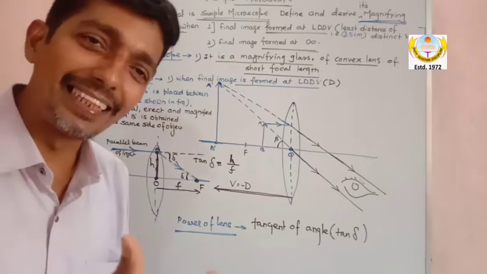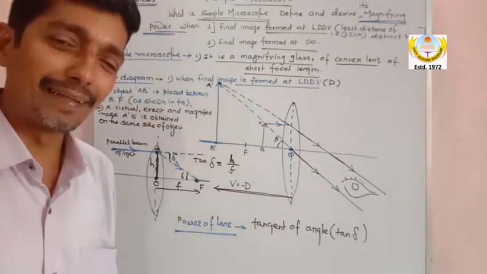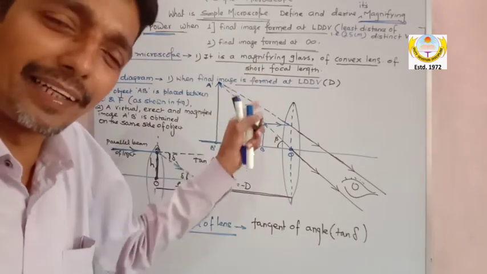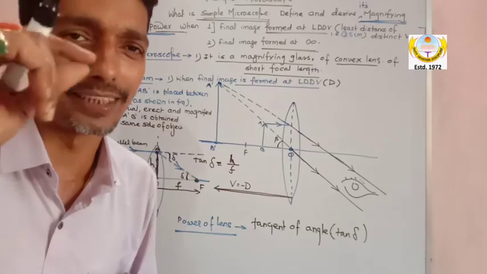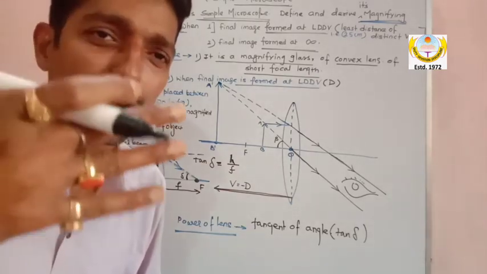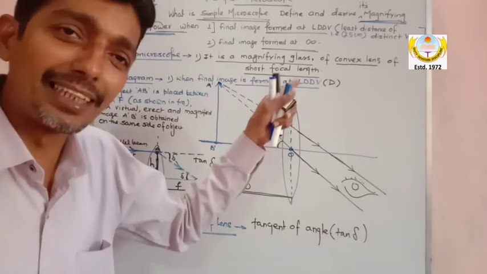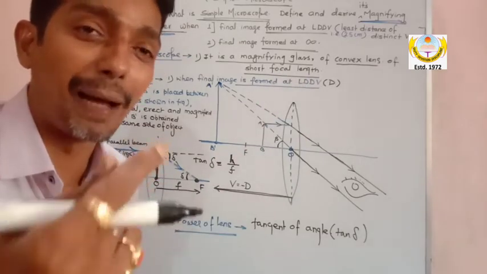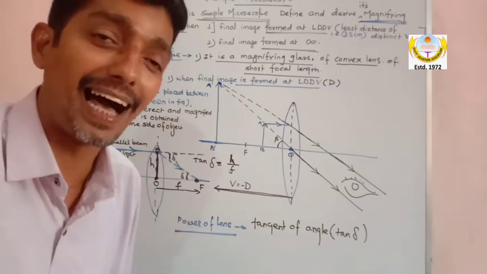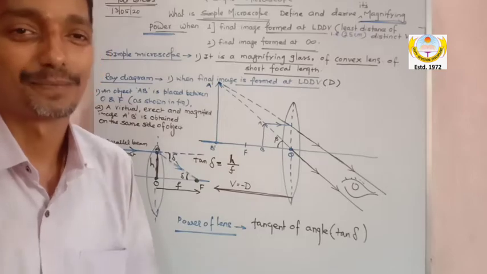Only power is in terms of tangent of angle. But this is magnifying power. Of course, Chaube sir, magnification ka thoda sa rule apne ko maalum hai, it is a ratio of image to the object. But since it is magnifying power, it is a ratio of the angle subtended by the image at the eye to the angle subtended by the object at the eye.